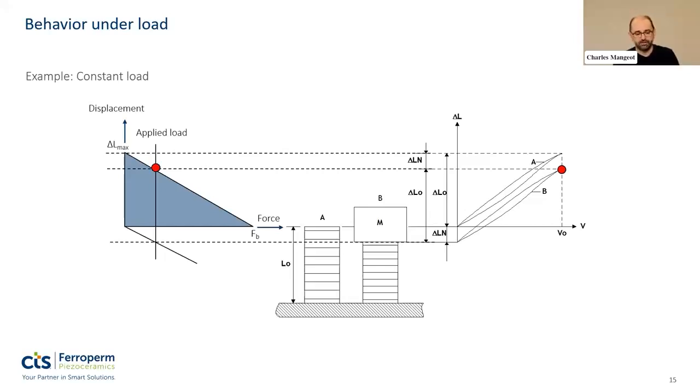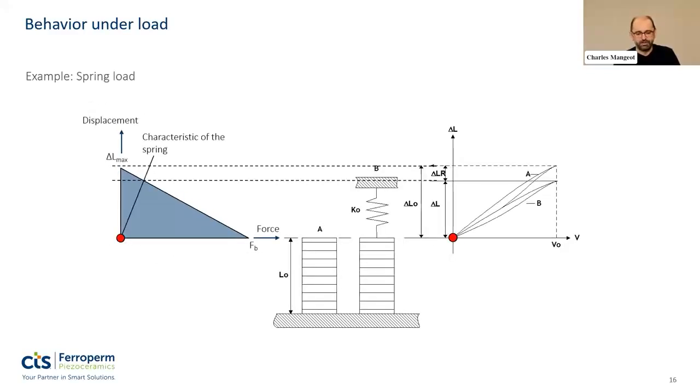And that can be a little bit tricky to understand or counterintuitive in some cases. When you have a load, whatever the load, initially in the linear approach, whatever the displacement, you will be able to move it with the free displacement. On the other hand, if you have a spring load, the spring has a certain stiffness, so it has a certain characteristic.